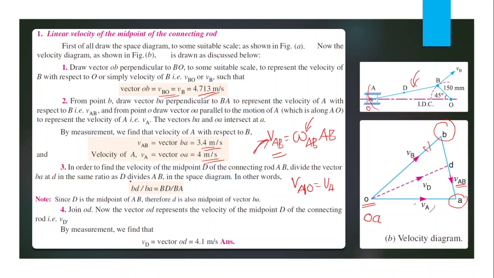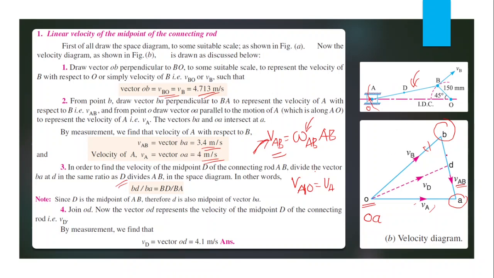Finally, in order to find the velocity of midpoint D of connecting rod AB, divide the vector ba, small letter ba, in the same ratio as capital D divides capital AB.